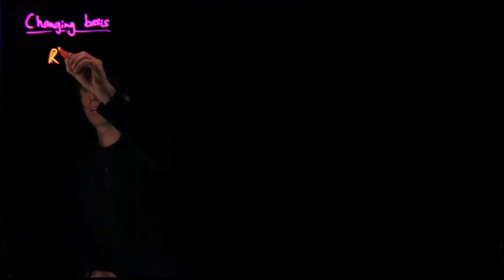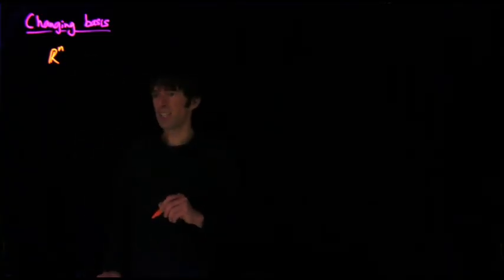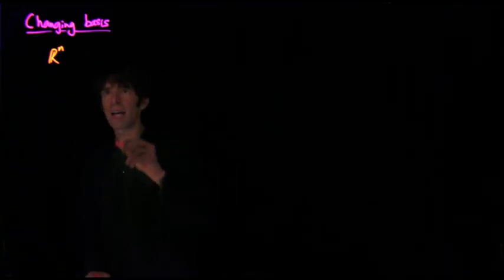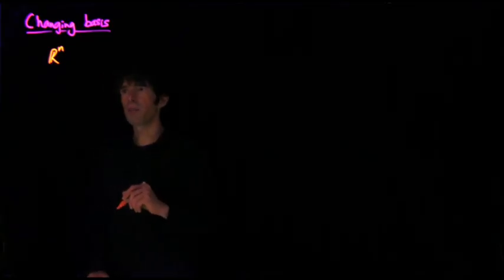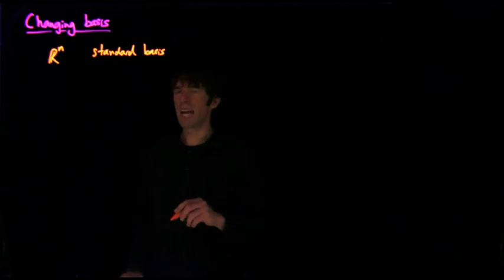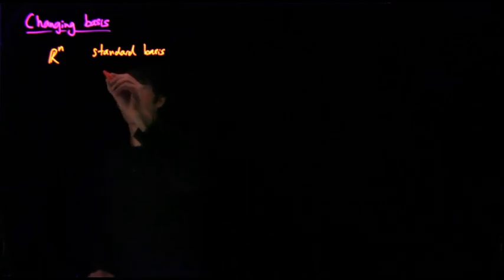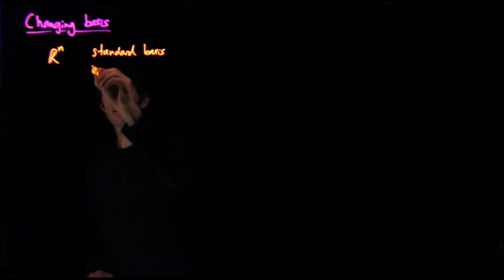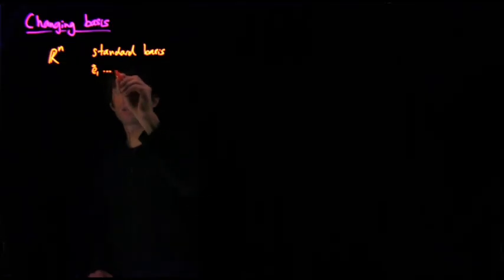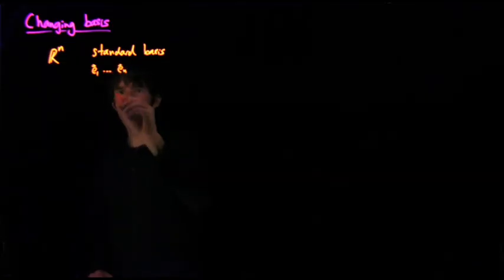I want to start in good old R^n, our comfortable home. And we have now a couple of different bases here. We have what we've been calling the standard basis, and I think I'll call these in this video e1 up to en.